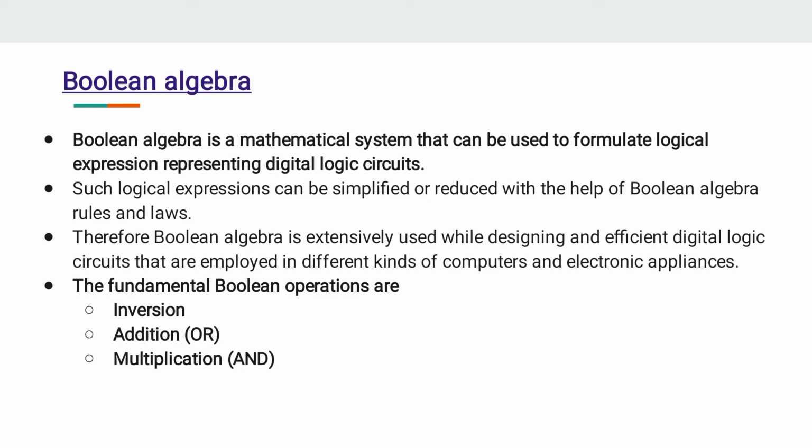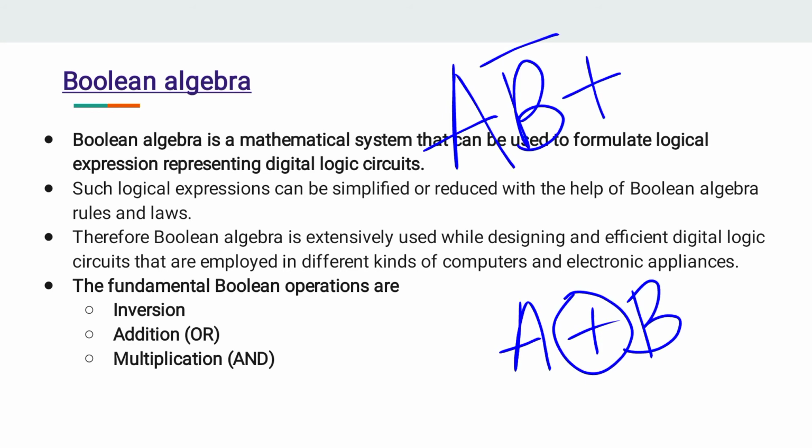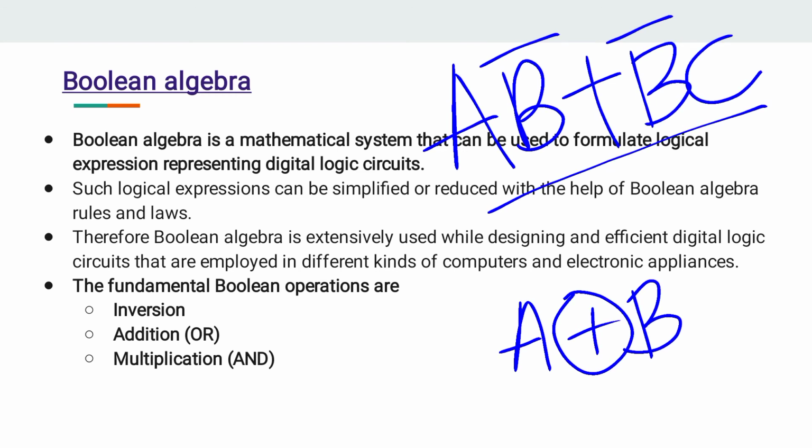Already we saw some of the expressions like A XOR B, or we can go like this. So this expression, in a mathematical system, is going to be expressed using the logic gates. Clear? So by this we are going to get some Boolean algebra applied on the digital logic circuit.